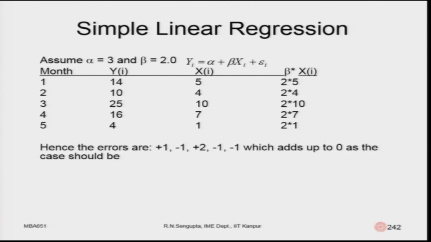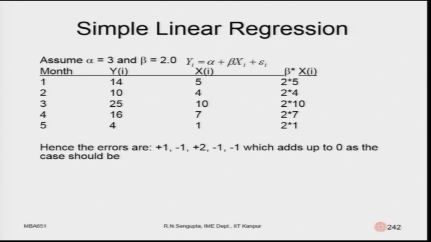So, assume alpha is equal to 3 for our case, beta is equal to 2, and the equation is y i is equal to alpha plus beta into x i plus epsilon i. Here i is basically the reading number. Consider there are 5 readings, months 1, 2, 3, 4, 5. The actual values of y for that time period 1 to 5 are given as 14, 10, 25, 16, 4, and the corresponding x i's are given in the third column, starting from 5 to 1.